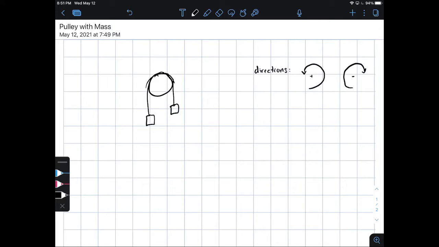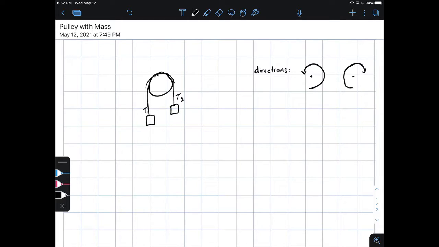So if the tension was equal on both sides, the pulley wouldn't move. And if the pulley doesn't move, the blocks don't move, and therefore it doesn't really make sense. So we come to the conclusion that the tension on one side is different from the tension on the other.